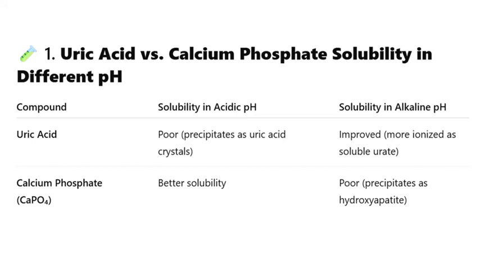Alkalinizing the urine, pH above 6.5, converts more uric acid to the soluble urate form, which helps prevent urate nephropathy. But at higher pH, calcium phosphate, CaPO4, becomes less soluble, with risk of metastatic calcification in renal tubules, nephrocalcinosis, and worsening AKI.